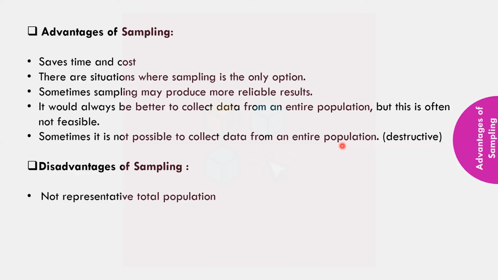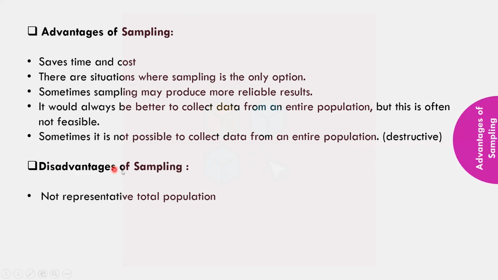But it is not a good choice to switch on all the products of the company and burst the entire lot. So in such a situation, sampling is the only choice.